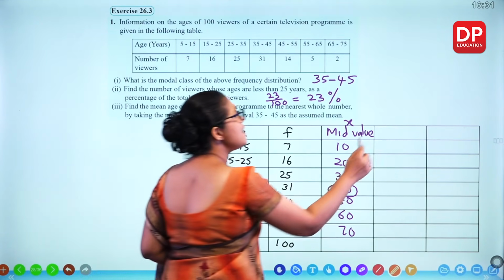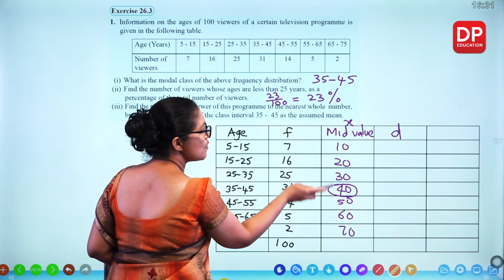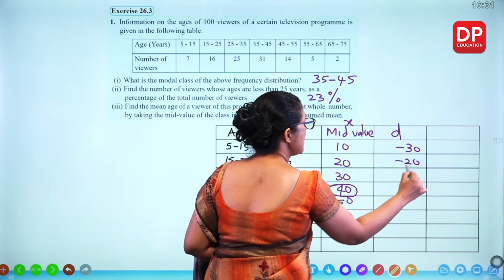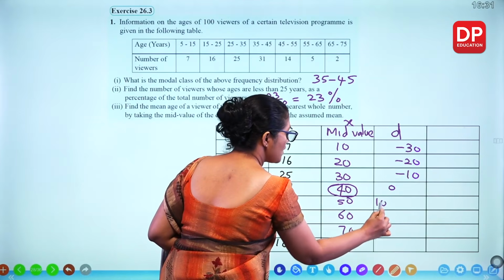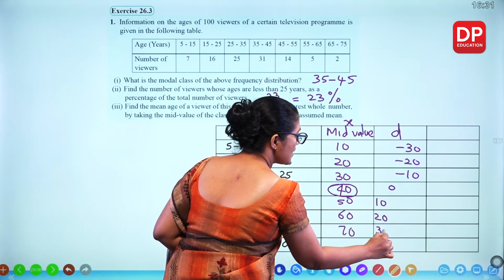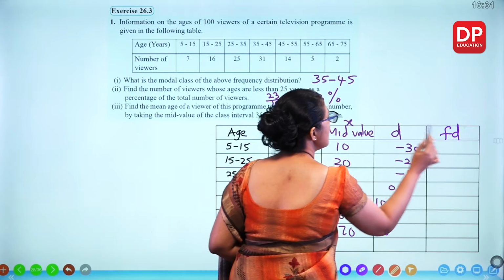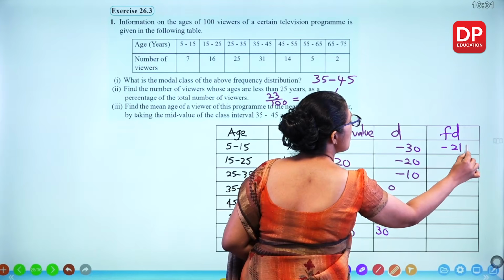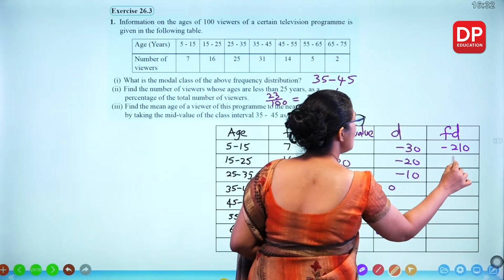Now calculate the deviation. When you calculate deviation with this, you get minus 30, minus 20, minus 10. And here you get 0, positive 10, 20, 30. Now FD. This with this. 7 times 30, minus 210. 16 times 2, 32.